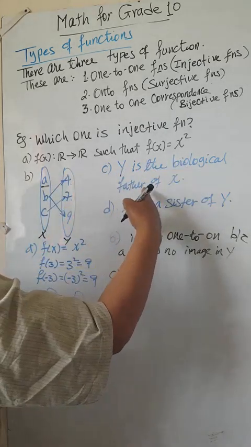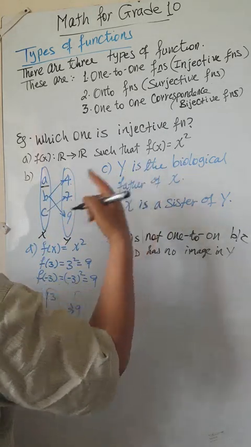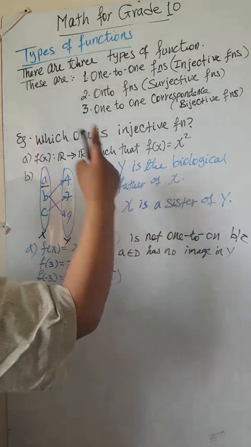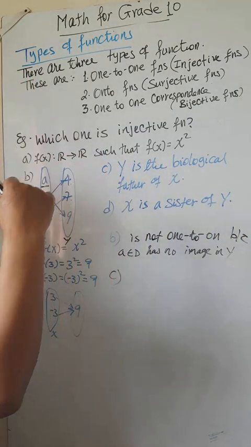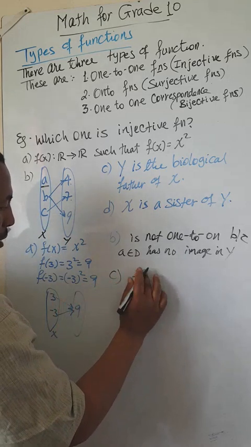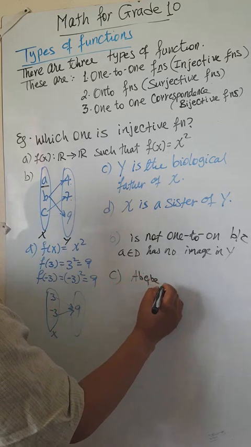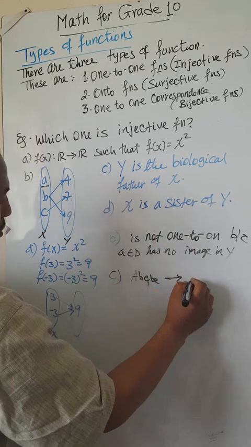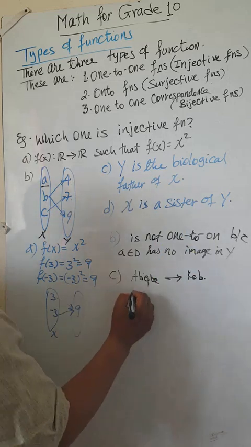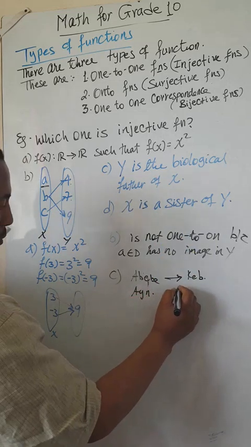Y is the biological father of X. Okay, how many fathers can a child have? Biologically, a person can have only one father. If we say Abebe, Abebe's father can be only one person, let's say Kebede. If we say Aynalem, she can have one father alone.